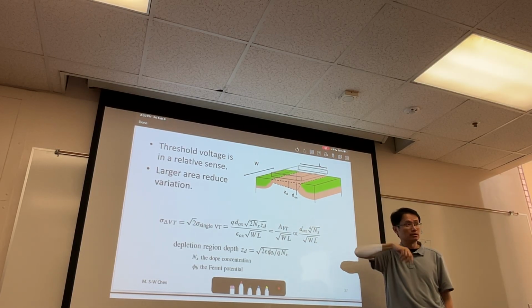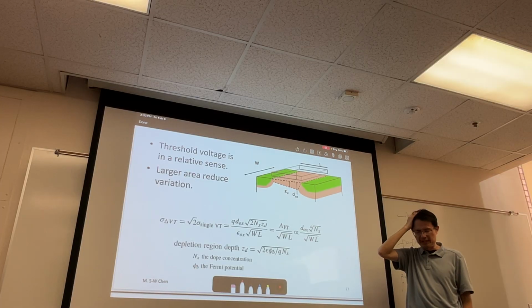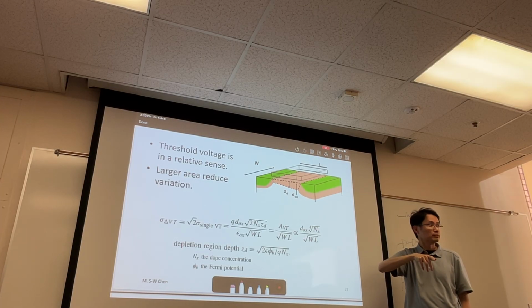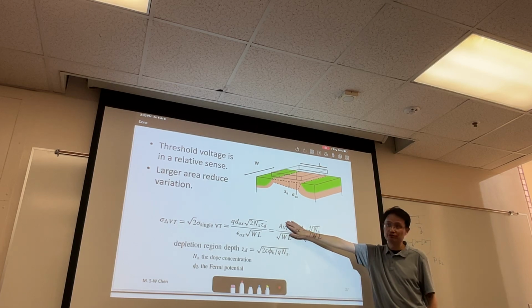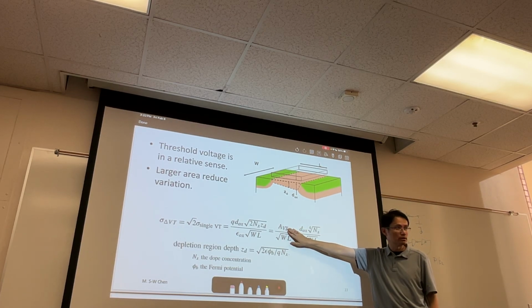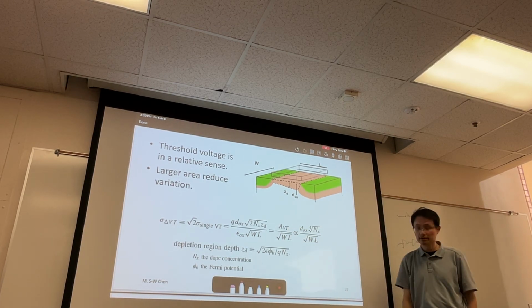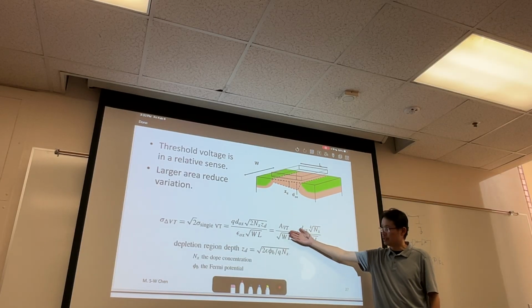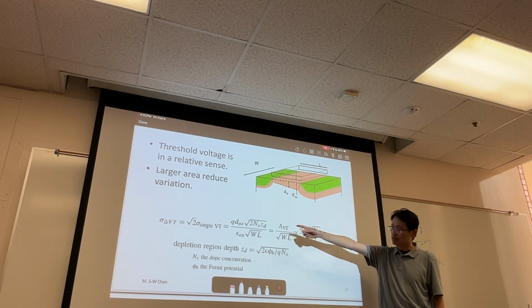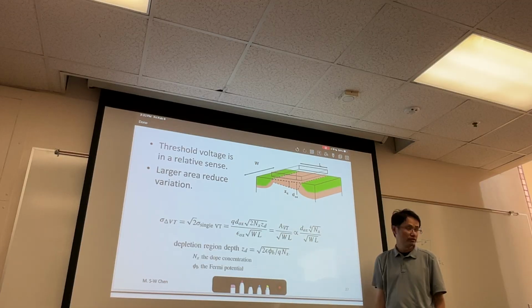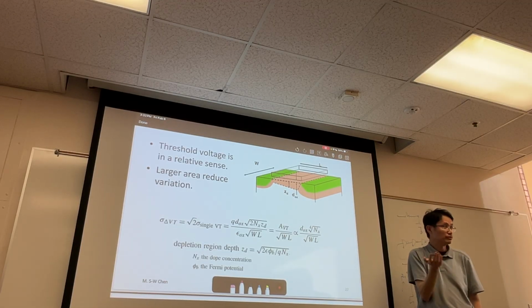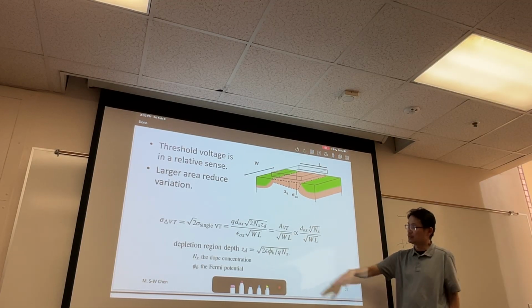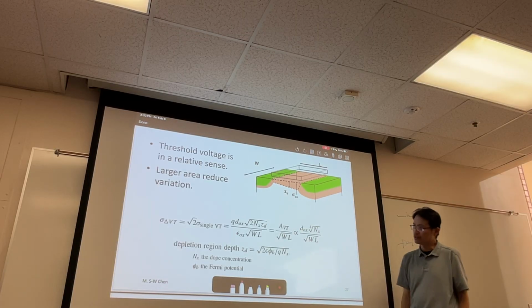A lot of times the PDK document will tell you, in terms of matching, this is the factor you get if you use our technology. Then it becomes very easy, because you can back-calculate your tolerance on the threshold voltage difference, the standard deviation, and then calculate the area that you need.